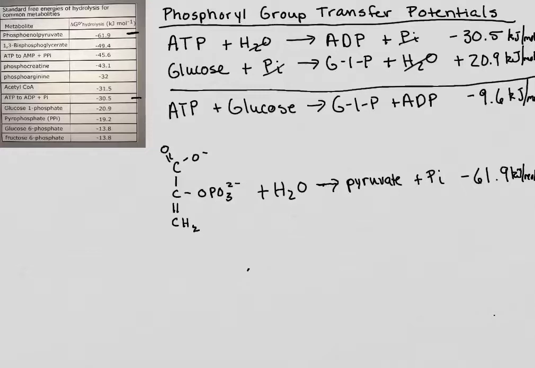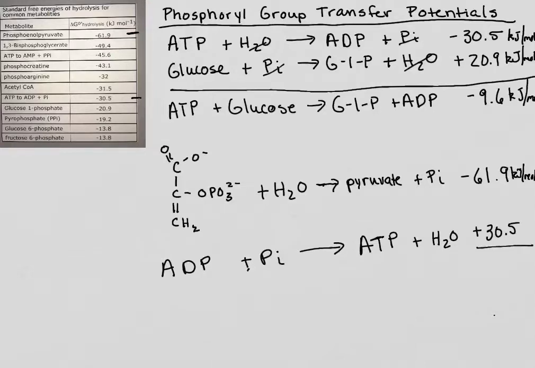And we can see how very easily phosphoenolpyruvate can transfer a phosphoryl group onto ADP to make ATP with an awful lot of leftover energy. That is, it's a very highly exergonic reaction, even once we write the net reaction here. So positive 30.5 to make that ATP, kilojoules per mole. Wow, check that out.